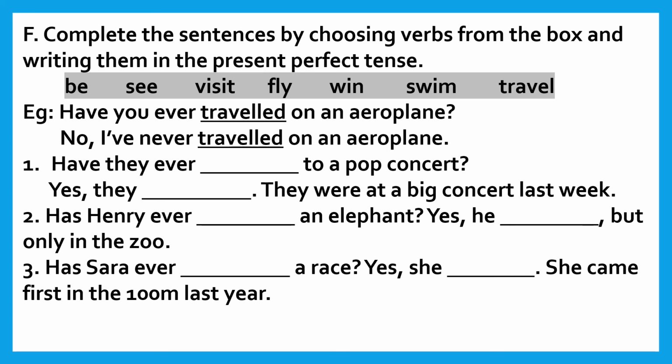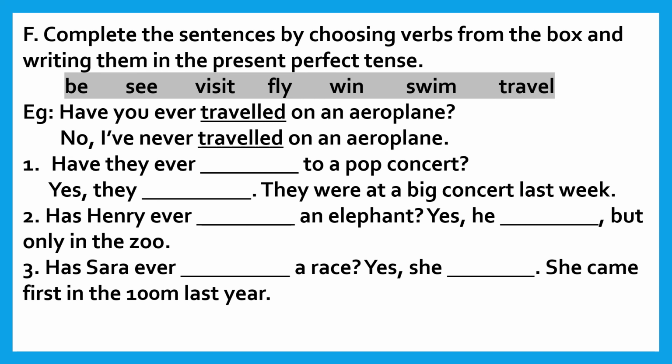So we have got to complete the sentences which are in the form of question and answers. By choosing the verbs given in the box, we have to make use of the verbs in the present perfect tense. That is, we have to use the verbs have or has in the sentence, and we have to use the past participle of the verbs.